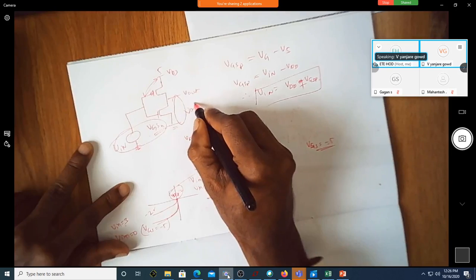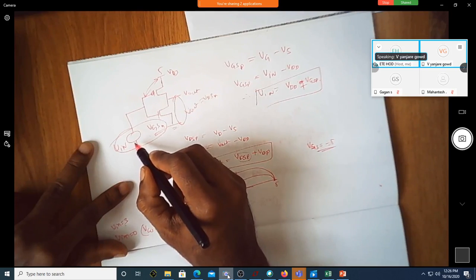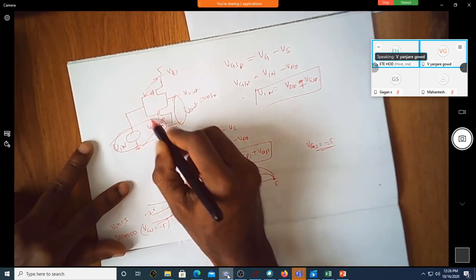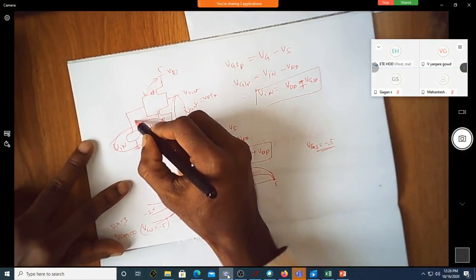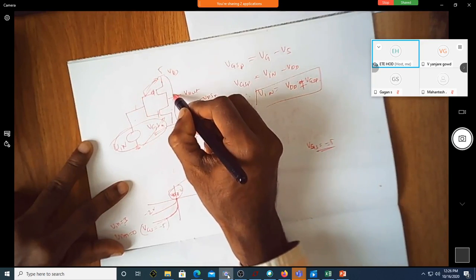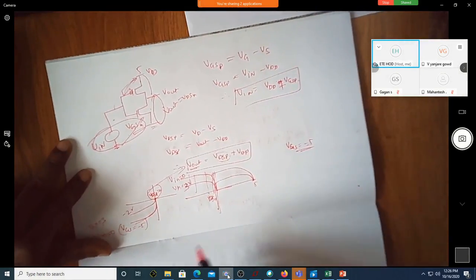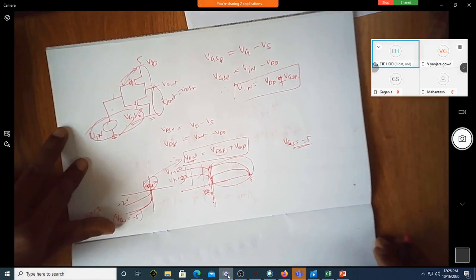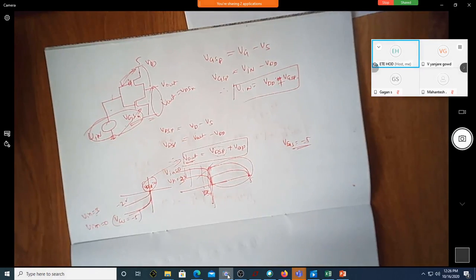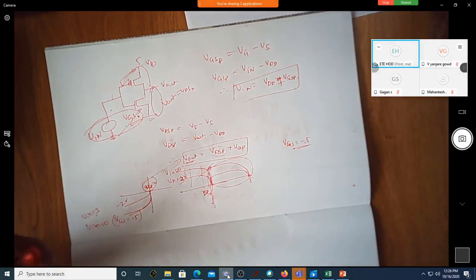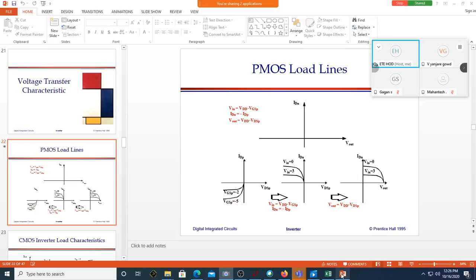Is it not Vout itself? Since Vin and Vout are related to VGS and VDS of the NMOS transistor, I want to represent VGS and VDS of the PMOS transistor also in terms of Vin and Vout. So I'm representing the output characteristics of the PMOS transistor also in terms of Vin and Vout. Correct?